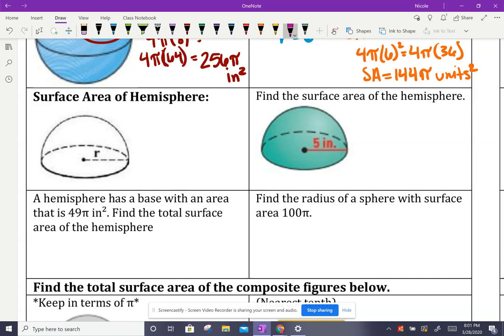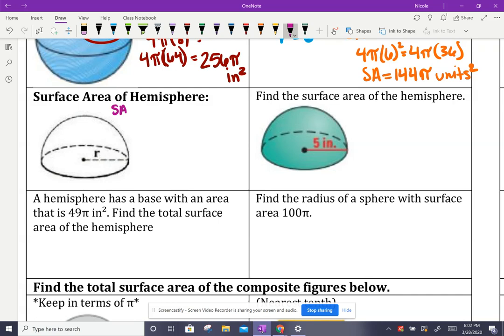A hemisphere is that half of a basketball, but it has a solid base where you cut that hole filled up. So there is a circle there, going right through the center of your sphere.